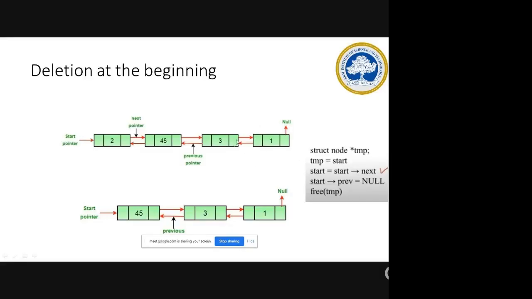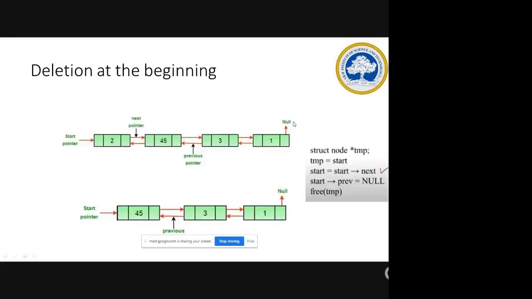Now last will be your temp of previous. 3 is holding the variable last node now. Then again you have to give another line: last next should be null. Last next is null. And after that you free this one, that is free temp. So ma'am, in that moment, last will be 3. Yeah, last will be 3. 1 will go off. Understood?